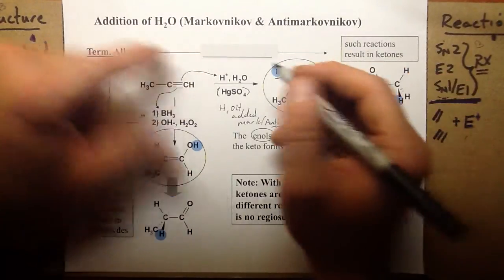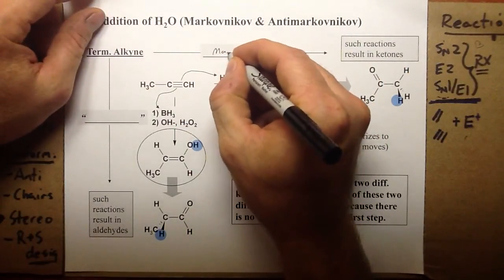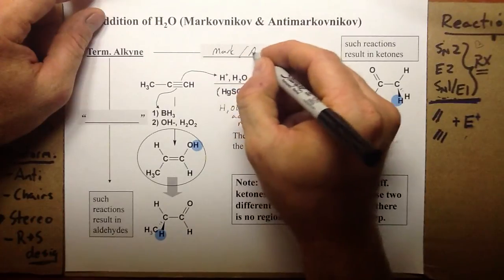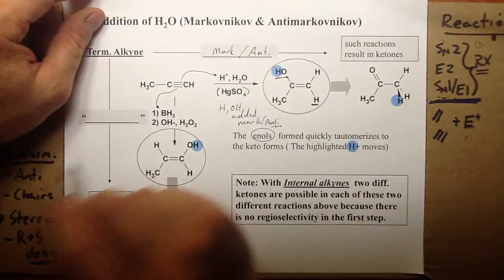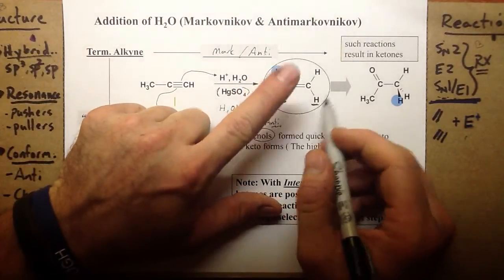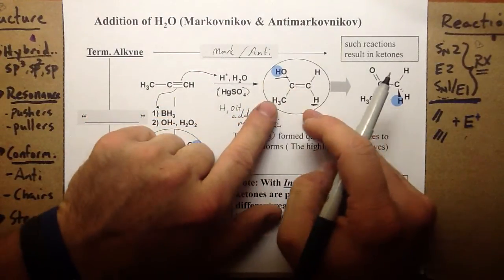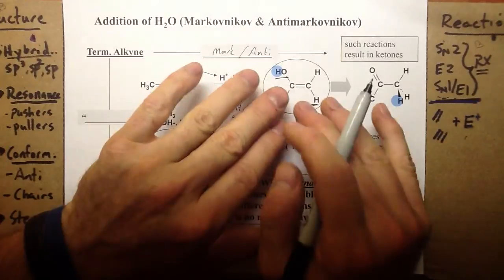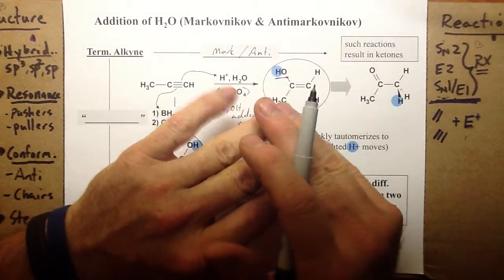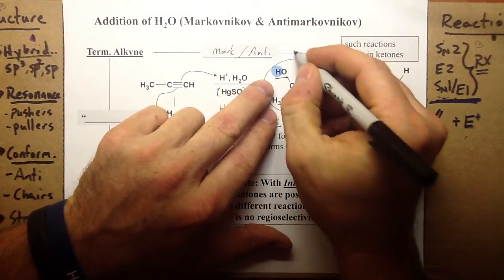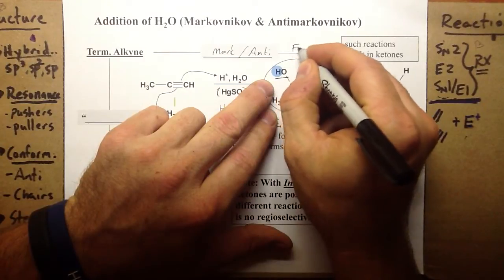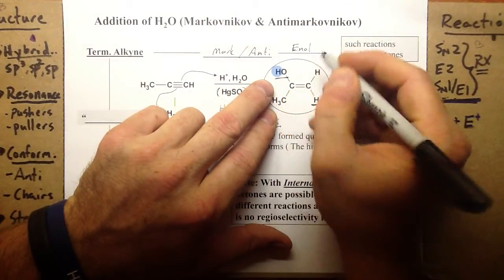We have a terminal alkyne, we follow Markovnikov's rule, and we have anti-stereochemistry that we consider. But at this point, this addition product that I've circled does not stop without anything else added. This, what we call an enol, will continue to react with itself.